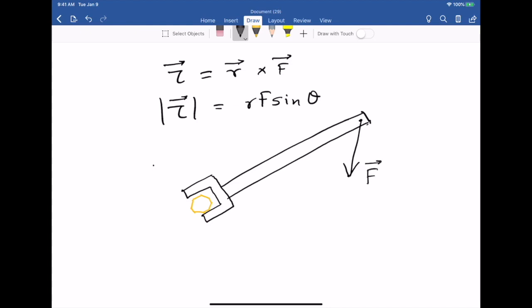How would I find the torque of the force? First of all, whenever you're measuring the torque, you need to measure it with respect to some reference point. In this chapter, the reference point will always be on the axis of rotation. The axis of rotation of this whole system is an imaginary line passing through the center of the nut. So I'm just going to call that O.